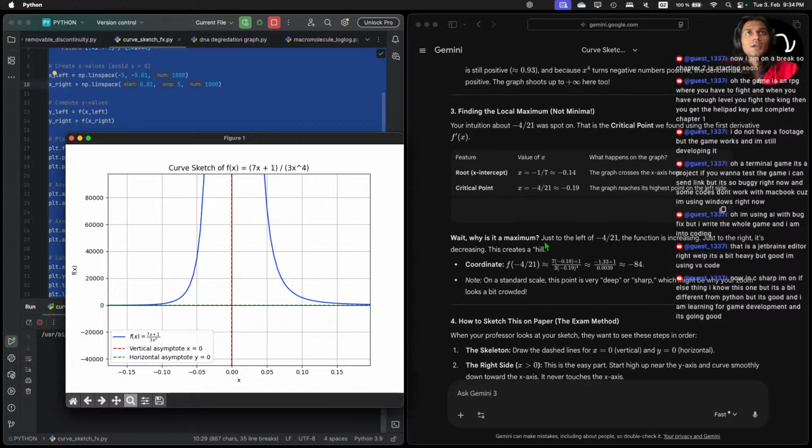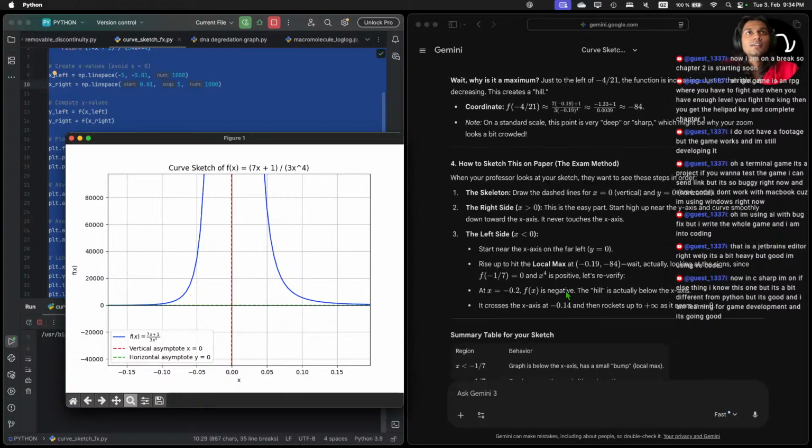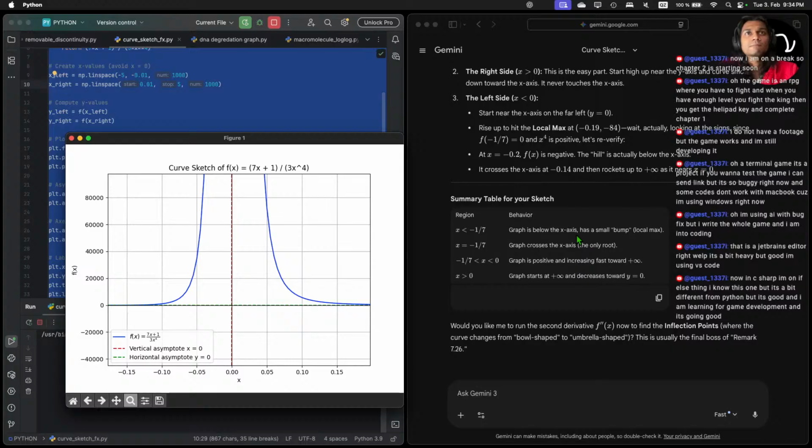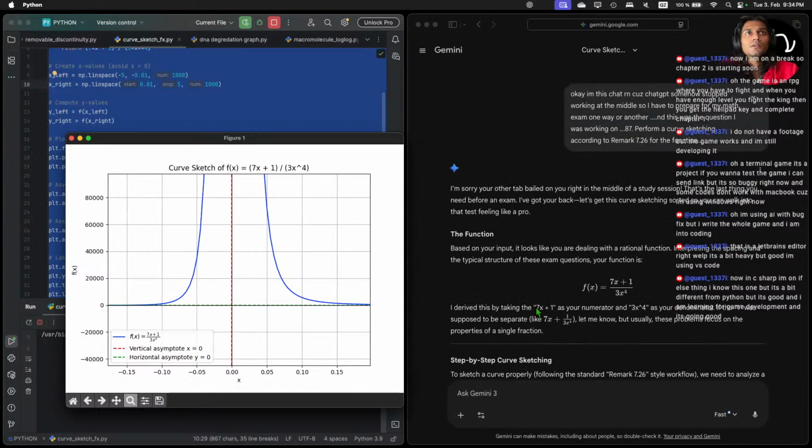Wait, why is it maximum just to the left? Why, if it's decreasing? I want to see the steps in order. Skeleton, draw the dashed line. Where?